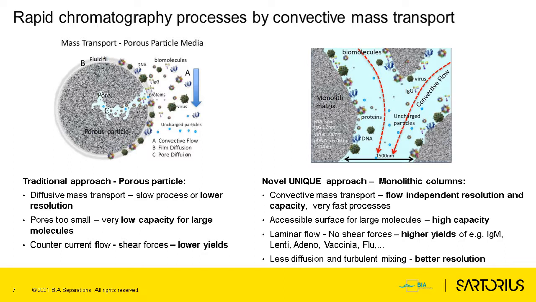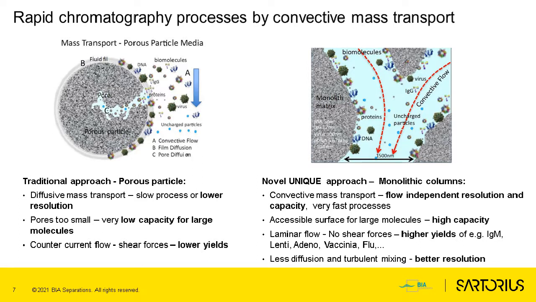In addition, the properties of monoliths would be flow-independent resolution and capacity, which allows us to use extremely high volumetric throughputs at laboratory scale, like maybe 20 column volume per minute flow rates, which means 20 ml using 1 ml column.